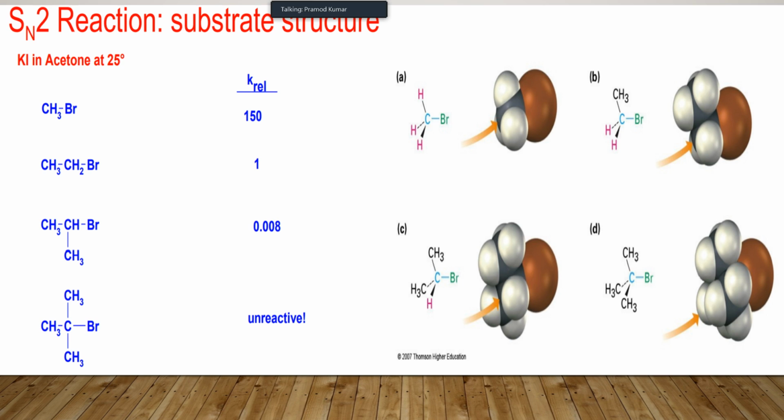And in case of tertiary, that you see over here, the central carbon is completely masked, so the nucleophile cannot attack from the backside. That's the reason why the SN2 reaction is more favorable only in case of primary, and methyl halides, for the reaction to occur.